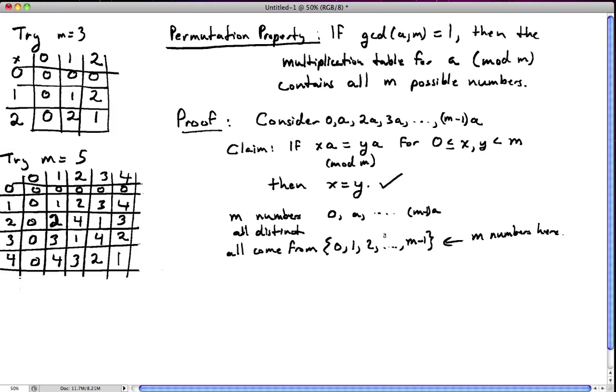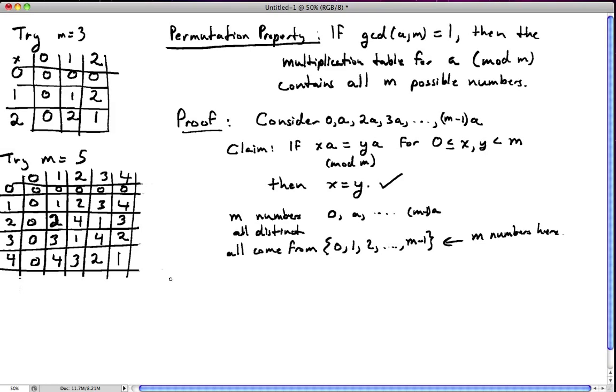By that principle, we know that we have a permutation. We've proved the permutation property. So once we have the permutation property, we have that multiplicative inverses exist. Because by the permutation property, we know that it contains all possible numbers. So if it contains all possible numbers, it must in fact contain 1, because 1 is a possible number.